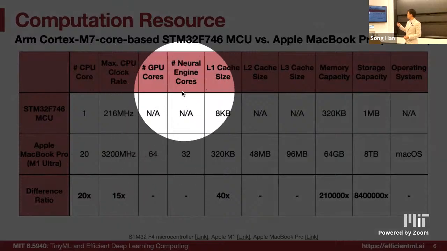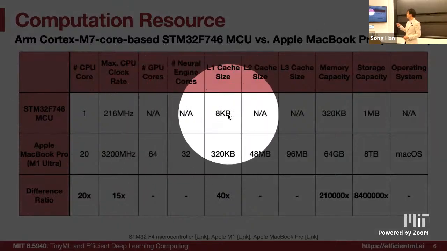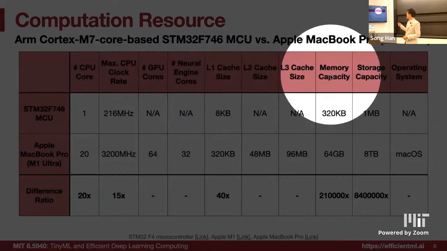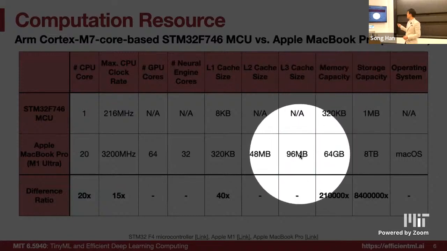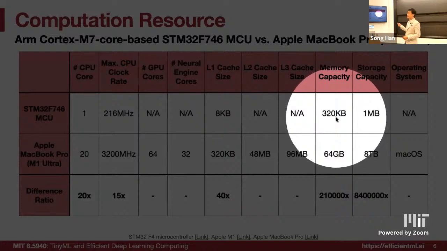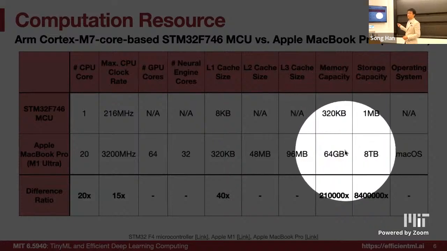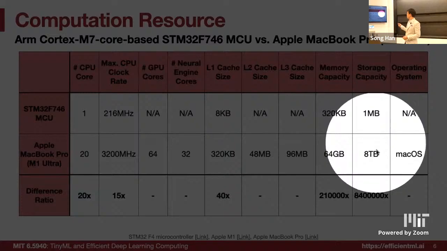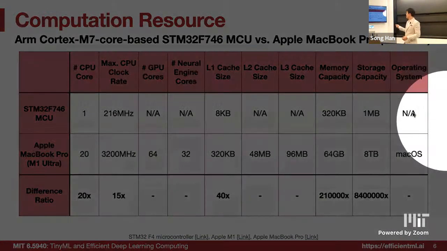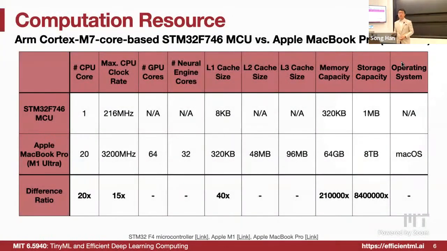Microcontroller has no GPU core, no neural engine core. L1 cache is really small, only 8 kilobytes. No L2 cache or L3 cache, versus the MacBook CPU has a lot of L3 cache. The memory capacity is a few hundred kilobytes versus 64 gigabytes. Storage also differs a lot, etc. And what's sad here is there's no operating system, so you have to manage the memory by yourself.